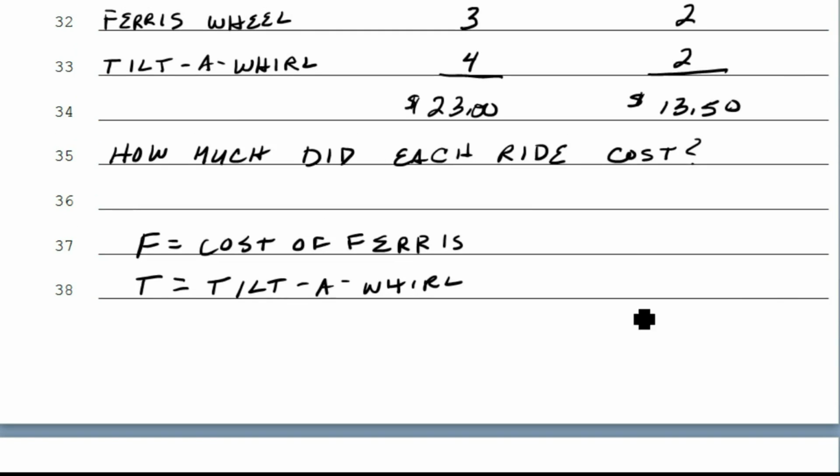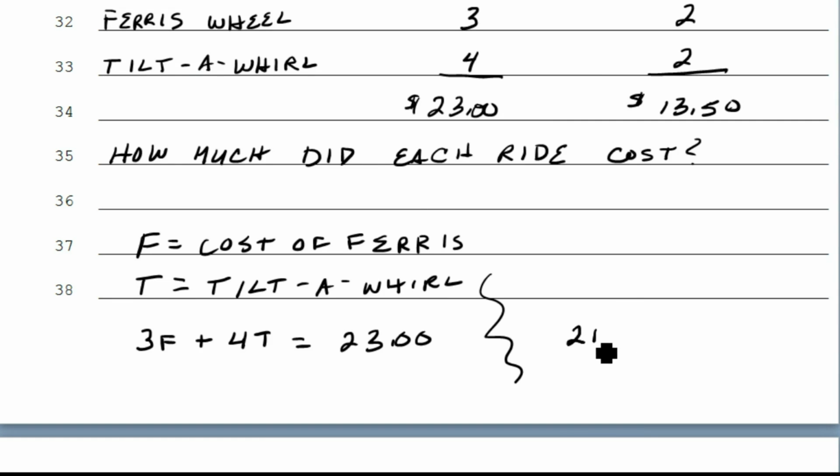Bill went 3 times Ferris wheel, so 3F, plus 4 times on the tilt-a-whirl, 4T, and he got charged $23. And John went Ferris wheel twice, 2F, and the tilt-a-whirl twice, 2T, and he paid $13.50.